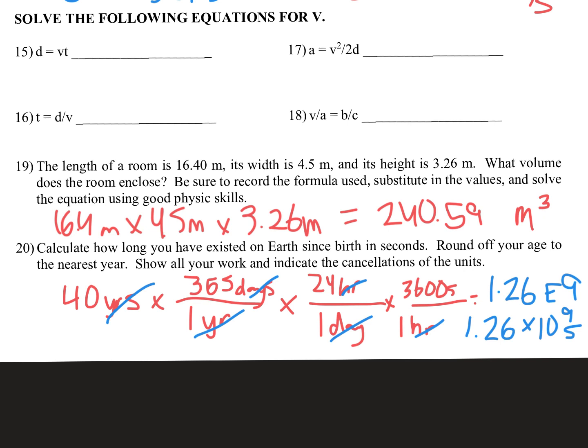Technically, if we didn't round to the hundredths place and use scientific notation, I would be this number. I'd be alive that many seconds, which is 1,261,440,000 seconds I would have been alive.